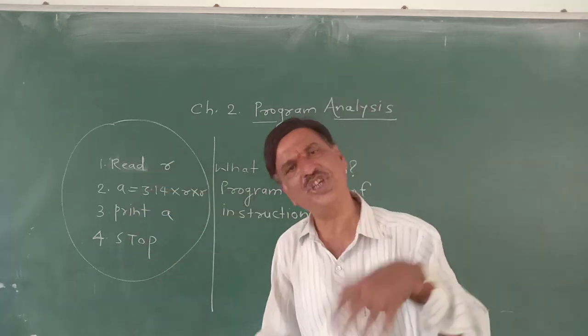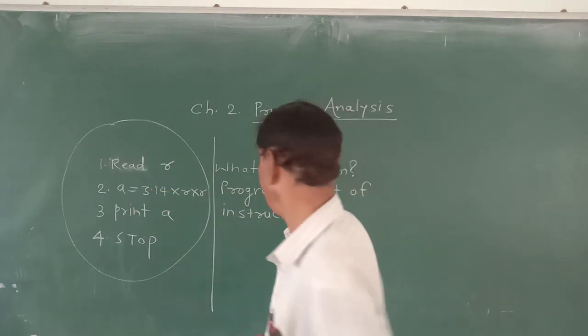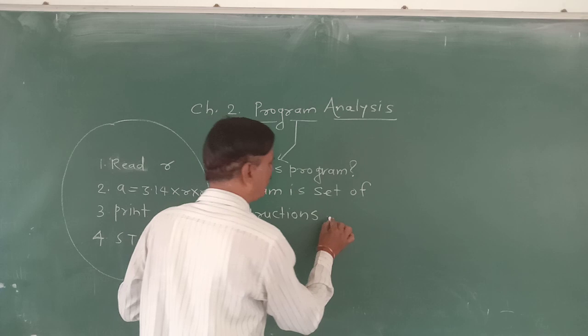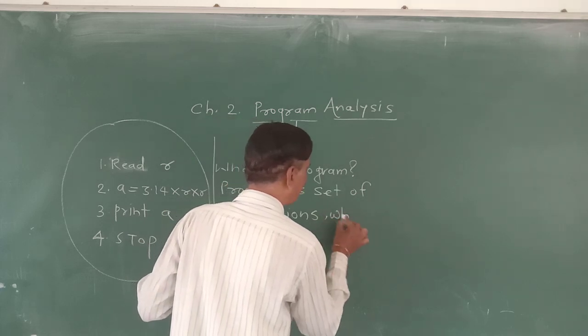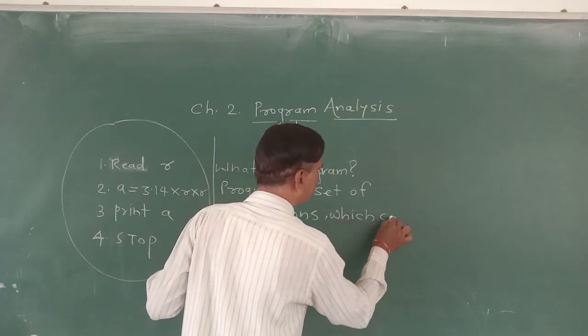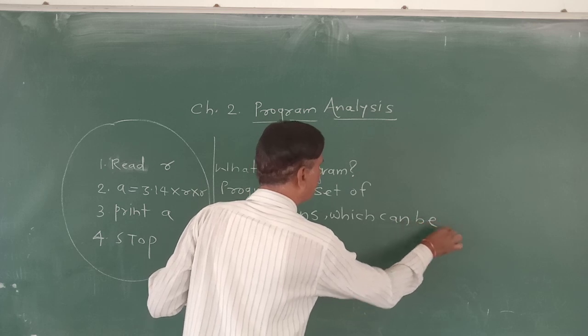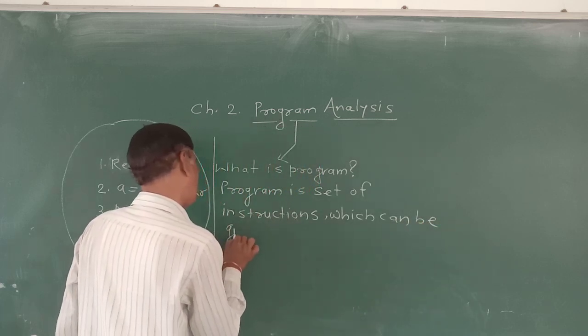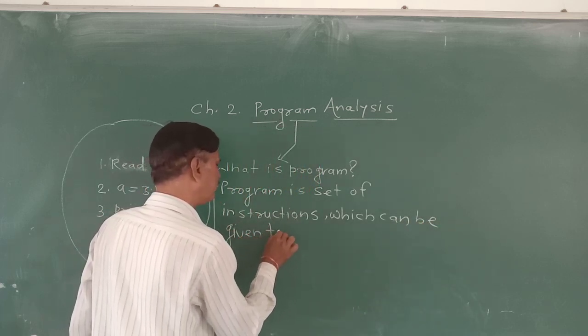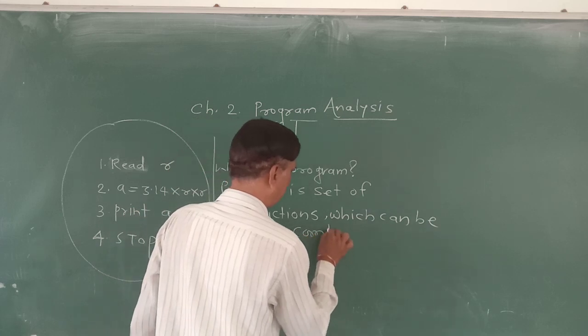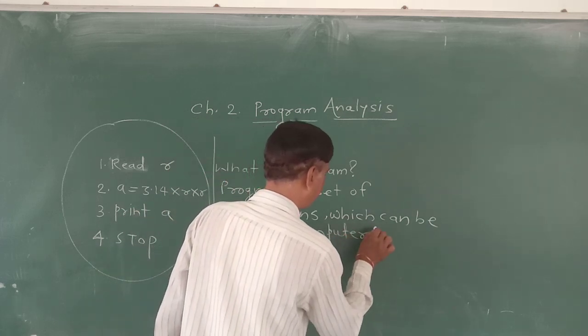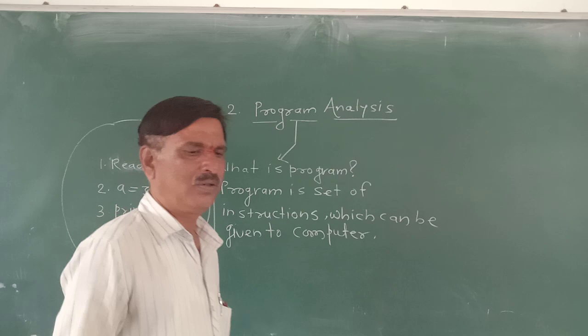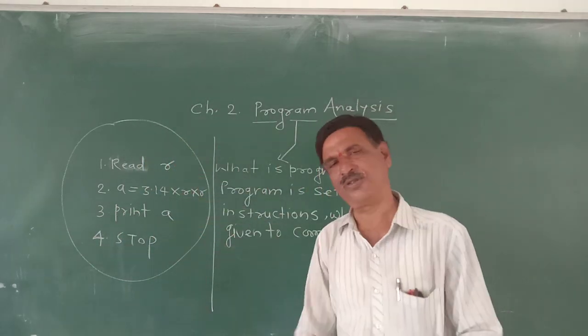This set of instructions is created for whom? For the computer. Program is a set of instructions which can be given to the computer. So program is a set of instructions.